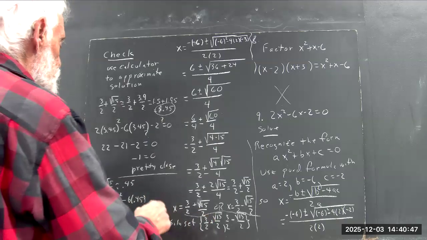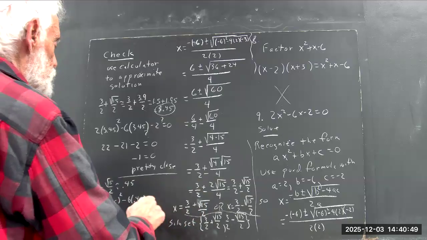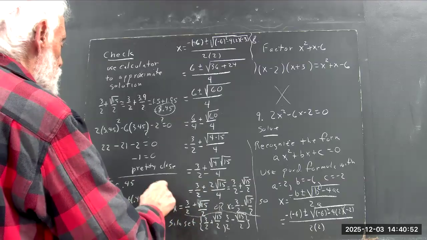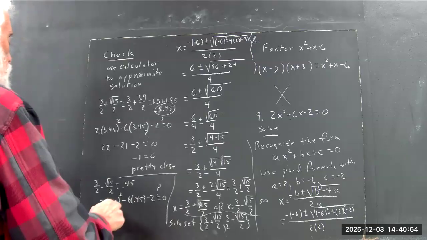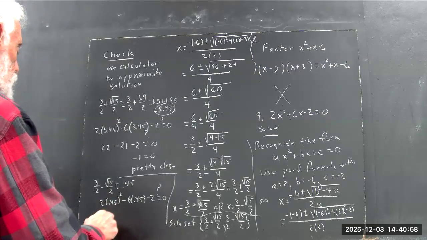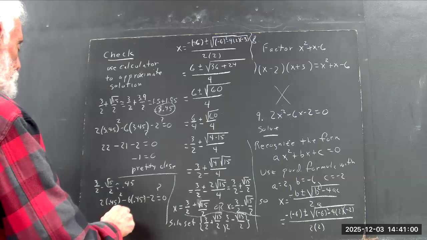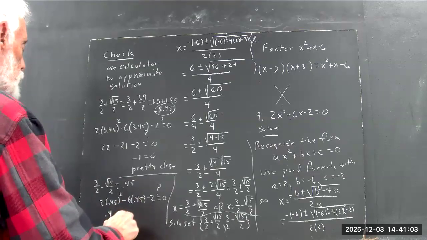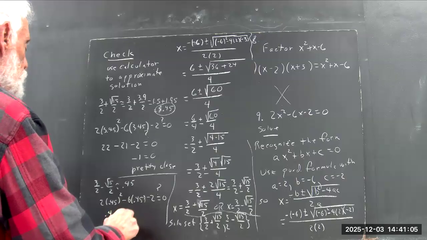Where's my equation? Minus 6? No, minus 2. Does that equal 0? 0.45 squared is about 0.2. You multiply that by 2, you get about 0.4. 6 times 0.45 is like 2.7.